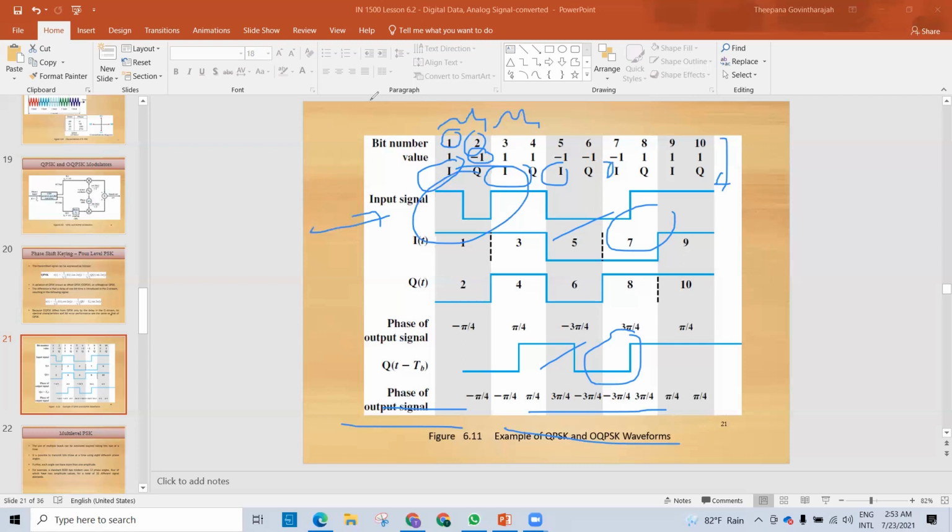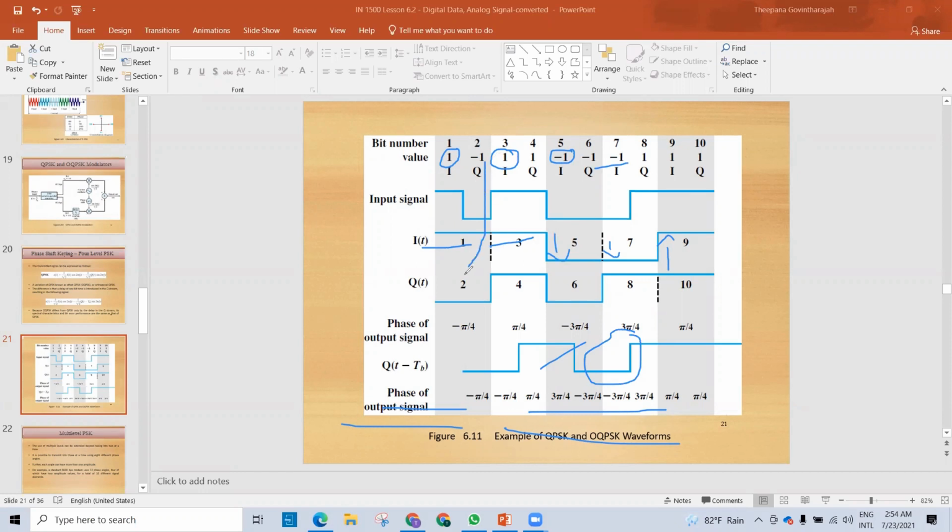So in IT, the first bit will be transferred, that is 1, so it is maintained. And here also 1, so that is maintained. And here -1, that means 0, so it changes. Here -1, and 1 again here. And for the QT, the even bits will be transferred. For the 2nd, it's -1, that means 0. And the next is 1, and -1 similarly.